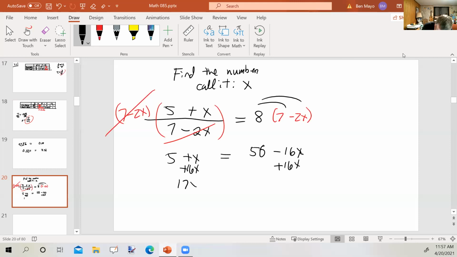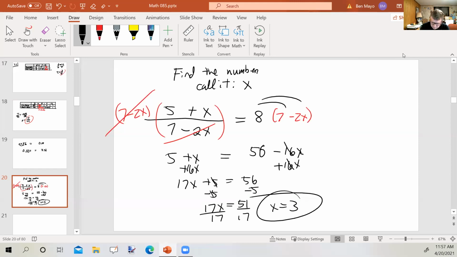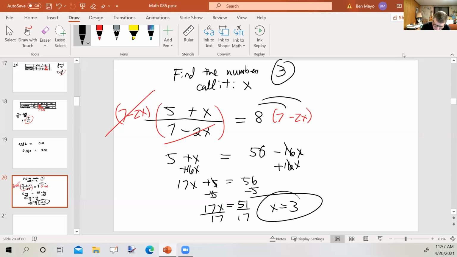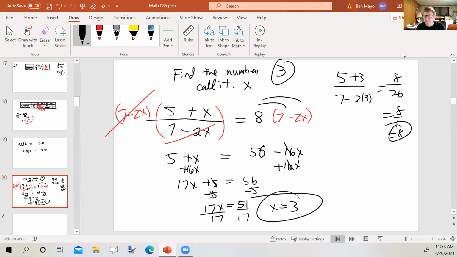I get 17X plus 5 equals 56. I will subtract 5 from both sides. 17X equals 51. Divide by 17 and X equals 3. So the number is 3. Let's check it. 5 plus 3 over 7 minus 2 times 3 would be 8 over 1, which is 8. So it checks. Okay with that? Yes.